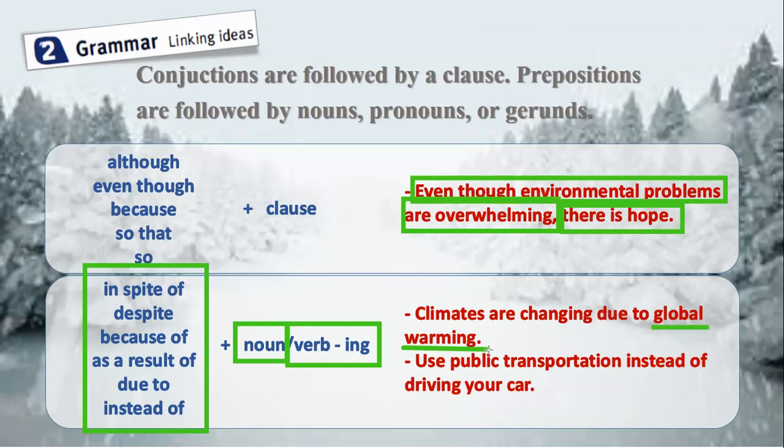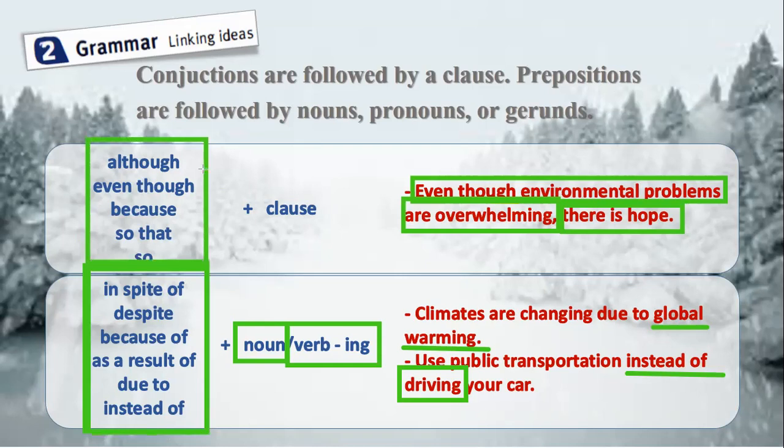We can have a noun or a verb with ing. Here we have instead of and we have driving. In this case, we have a verb with ing, a gerund. Okay, everybody? So this is the difference. These are conjunctions and these are prepositions. And of course we have examples.